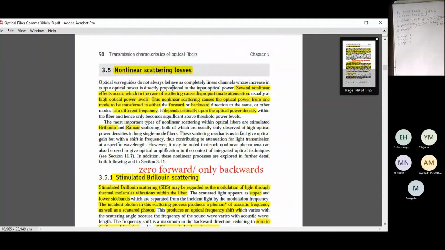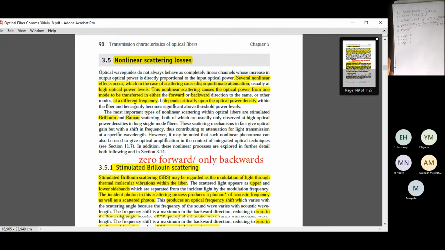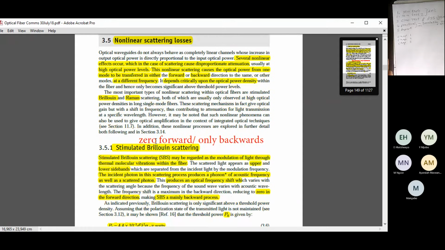Non-linear scattering. Now we're talking about them. Right, non-linear is Brillouin and Raman. Remember Mie and Rayleigh were forward, okay? But this one is not forward.